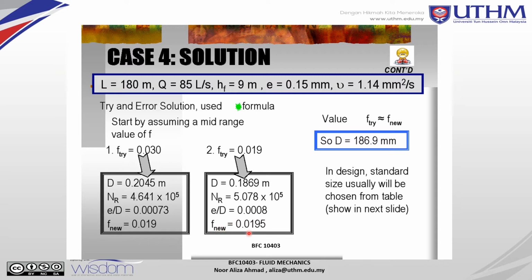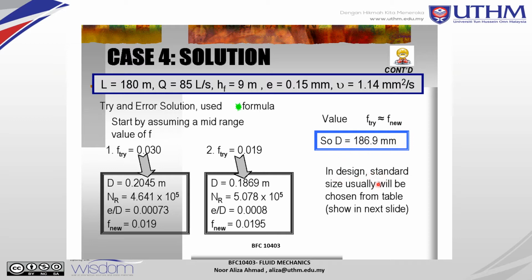So this F new is near the F trial that you used, 0.019. So we just stop here, at trial 2. So we use the F new as 0.0195, and we get the diameter of 186.9 mm.